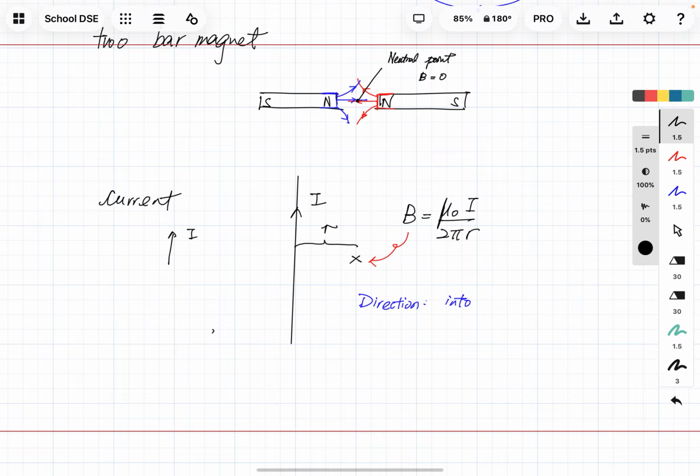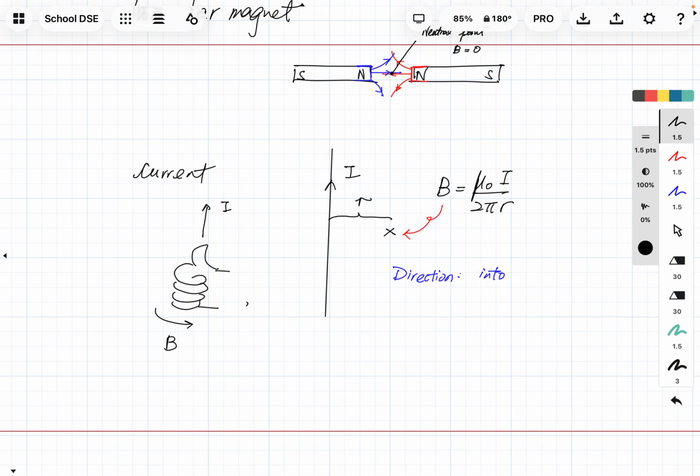So we say Fleming's left-hand rule has the thumb, index finger, middle finger, and we're saying that this is the force. There's a force, there's a magnetic field, and there's a current.